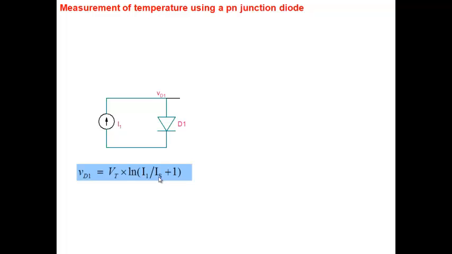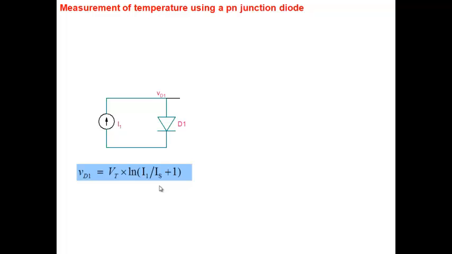There's another problem in this particular circuit that I want to point out. One is of course the nonlinearity that you see here. The other one is, suppose you build a circuit like this and you calibrate it. And you know that every time you measure, let's say 0.65, the temperature is say 20 degrees Celsius.